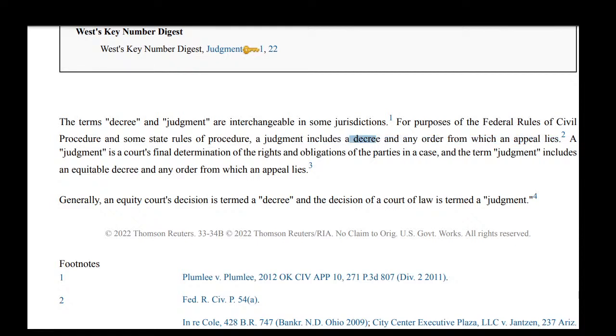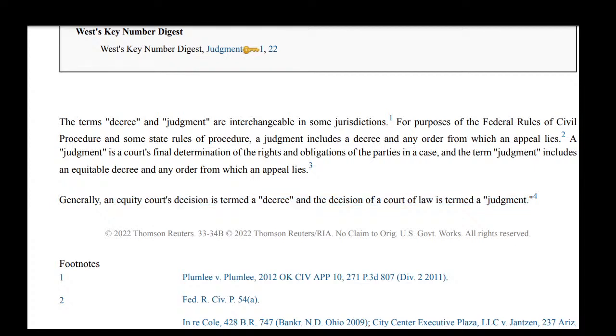A judgment is a court's final determination of the rights and obligations of the parties in a case. And the term judgment includes an equitable decree and any order from which an appeal lies. Generally, an equity court's decision is termed a decree, and the decision of a court of law is termed judgment.